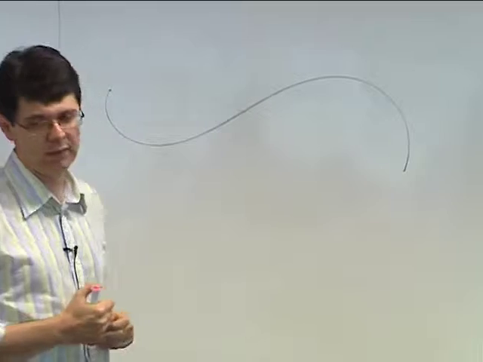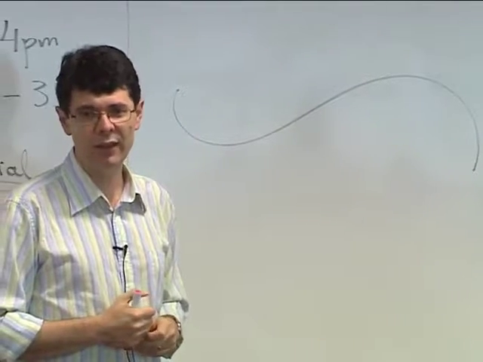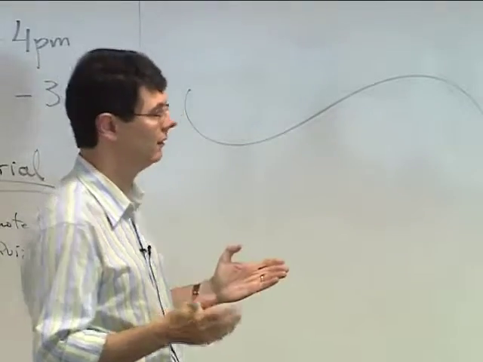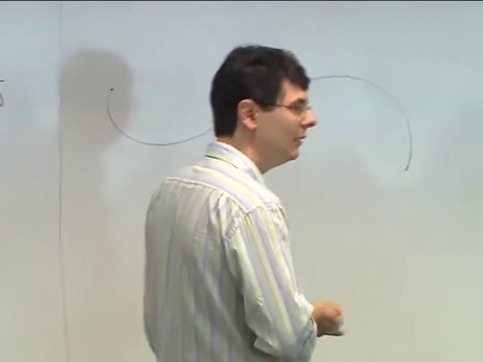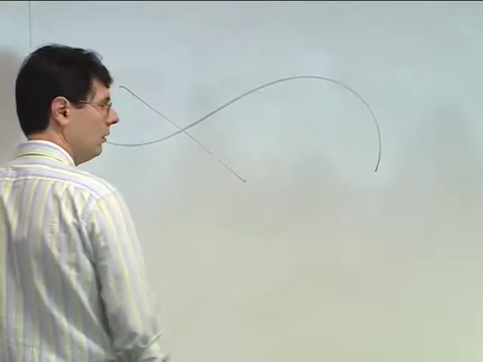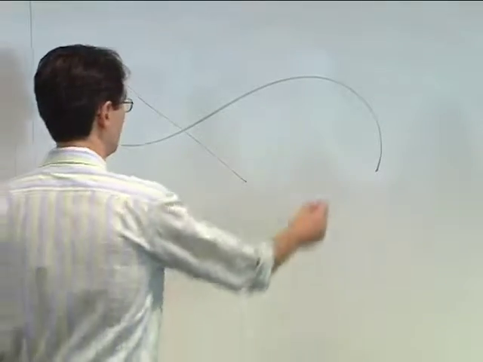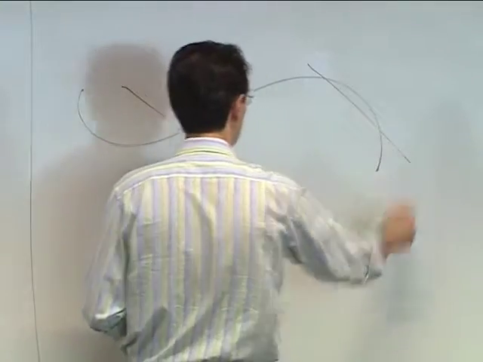Now, the truth is, a tangent line is like art. I know it when I see it. Is it art, right? I know it when I see it. So, not tangent, okay? Not tangent.